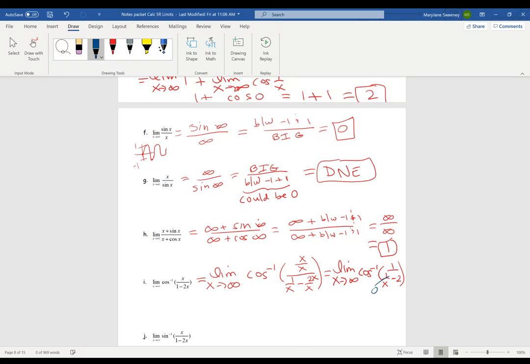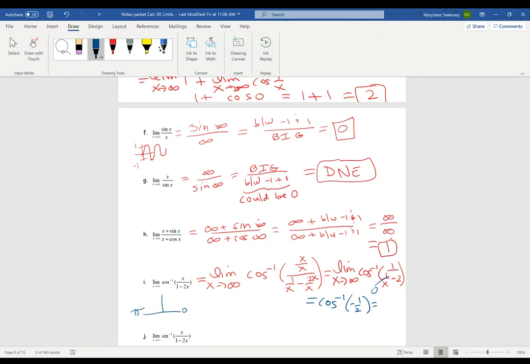As we go to infinity, 1 over x goes off to 0, so this is just inverse cos of -1/2, which is asking where is cos equal to -1/2. When we did inverse cos, remember, we look between 0 and pi.